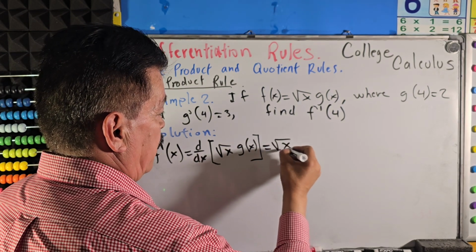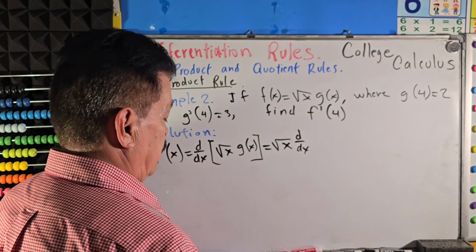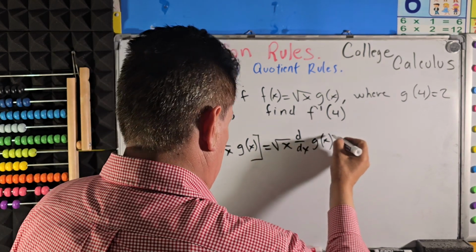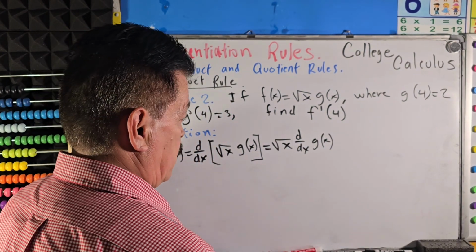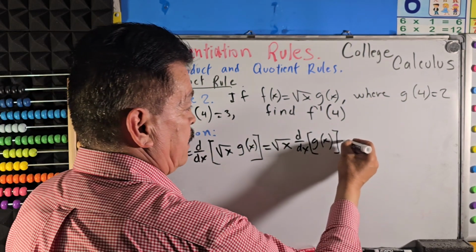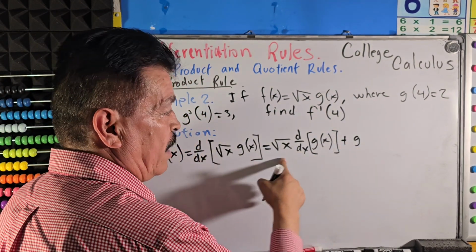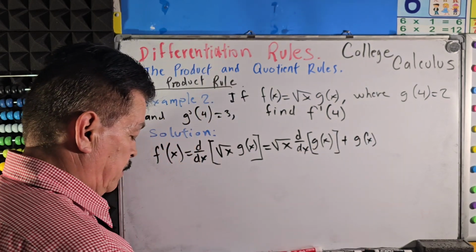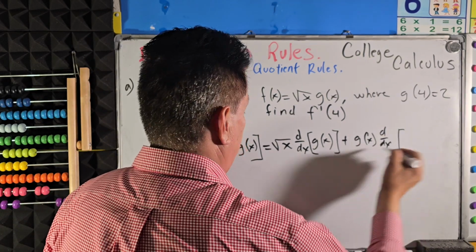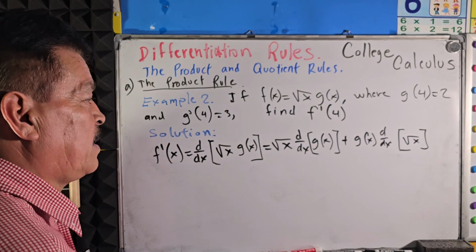First step, we will have the derivative of the square root of x times g of x, plus, now we have to add it, g of x, the second one, times the derivative of the first one. The first one is the square root of x, right? That's the first step.